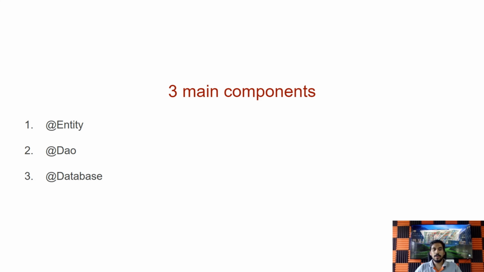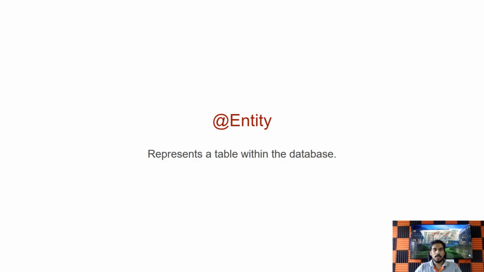The three main components of Room database are the entity, the data access object, and the database. So what is an entity? An entity represents a table within the database. Room creates a table for each class that has the Entity annotation. The fields in the class correspond to columns in the table.